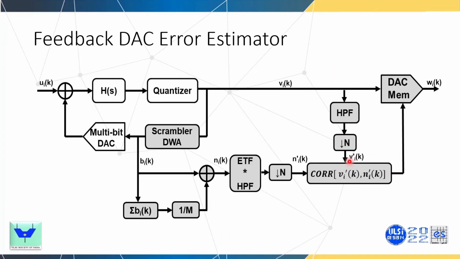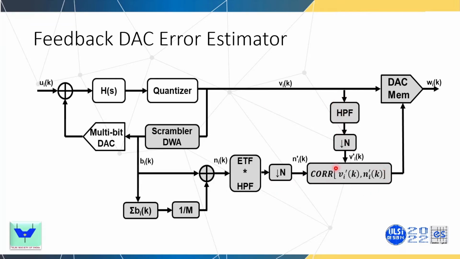This is how the whole thing actually looks. The white again is the analog part, this is the digital. We have the scrambler here that scrambles the unary codes so as to decorrelate the consecutive outputs of the DAC, and we have the NIKs being created here. We pass it through the error transfer function and the high pass filter again to get rid of the signal, the first term that I mentioned.